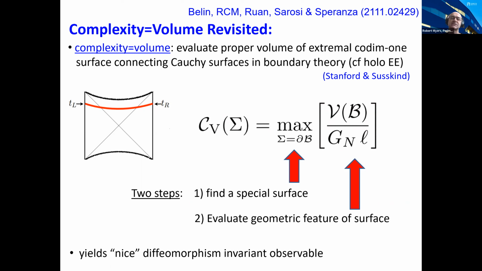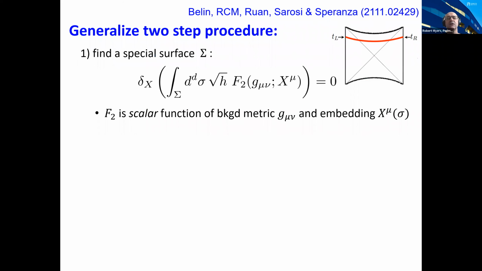And so let's think about this more broadly. Let's try and generalize this idea. So our proposal is, let's start by thinking about step one. What we're going to do is define some scalar function that I integrate over codimension-one surfaces. And then we're going to extremize that function with respect to where the surface is embedded in the space-time.